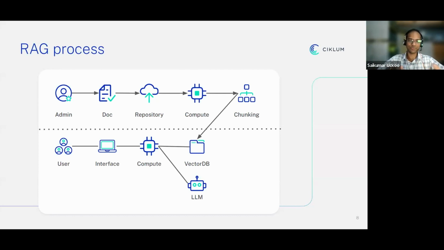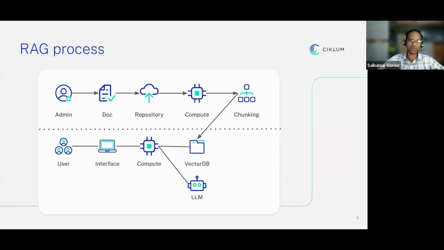Those fall under the aspect below the dotted line, where a user comes in and the question is processed by a certain compute engine, or you could call it a server in layman's terms. It then tries to get the top 5 or top 10 closely related documents out of those 100 or 1,000 odd which the admin has been maintaining. And then it also uses the LLM to summarize or shortlist those documents and provide a final answer. So this is basically a RAG system in crux.